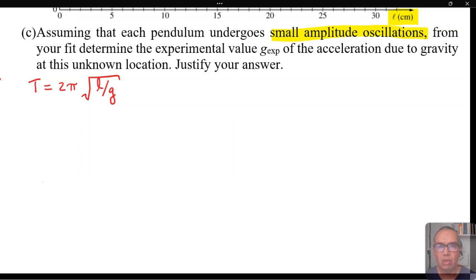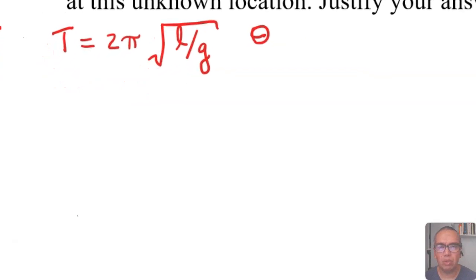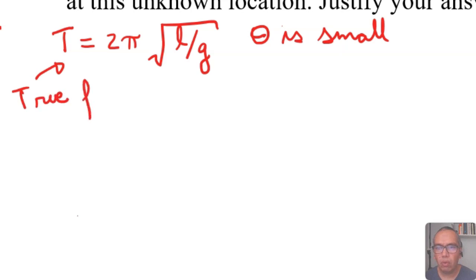And that differential equation worked under a very clear assumption, which was that the angle theta that represents the amplitude of oscillation has to be small. Basically, what we are saying is this formula is only true for small angles. That's what is meant by small amplitude oscillation. It doesn't work if the angle is too large.